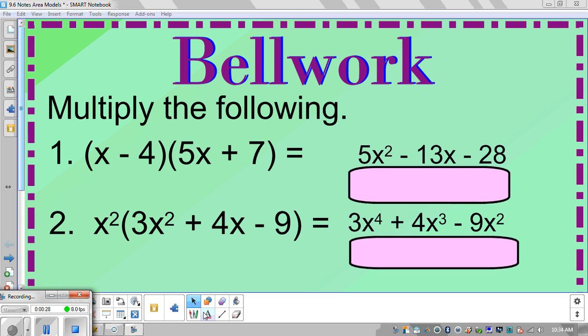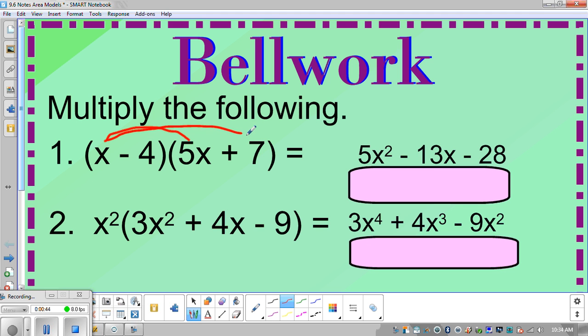How did you do? On the first one, were you able to get 5x squared minus 13x minus 28? That answer came from x being distributed to the 5x, which is our 5x squared, and then x times 7 is 7x.